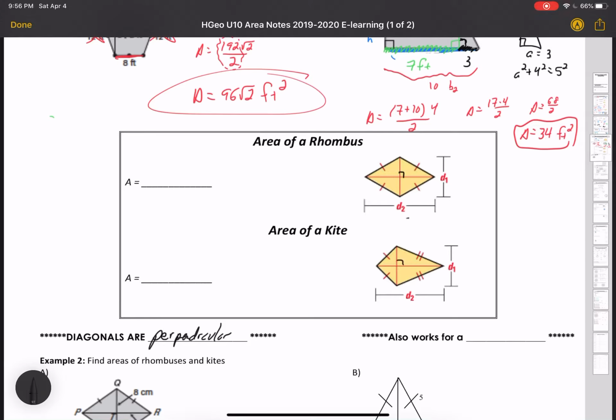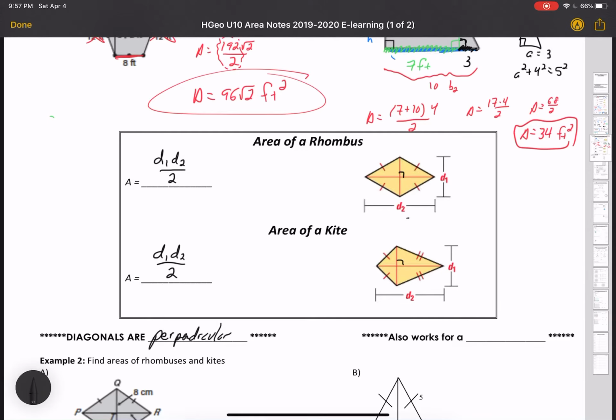And because they're made up of triangles, if we found the area of the triangles and added them all together, what's going to turn out to be the case is that the area formula of a rhombus and a kite is diagonal 1 times diagonal 2 divided by 2. D1 times D2 divided by 2.